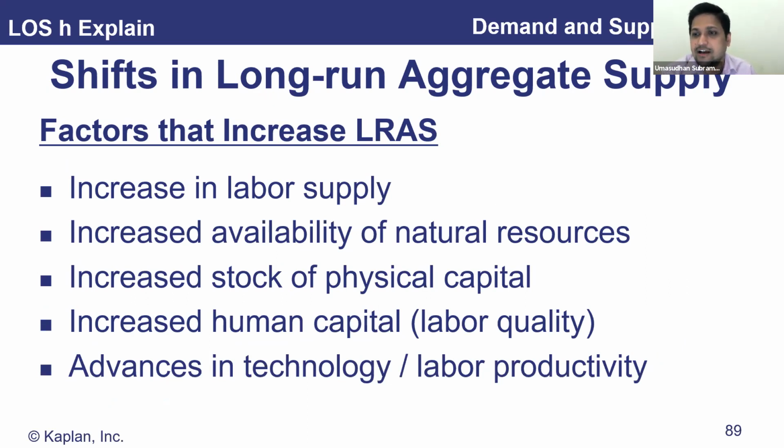Countries like Canada, countries like Australia, what are they doing? How are they increasing their labor resources? Because they feel that they are at full employment. That's exactly right. Migration, immigration. That will help them bring in more people so that you can increase your long run aggregate supply.